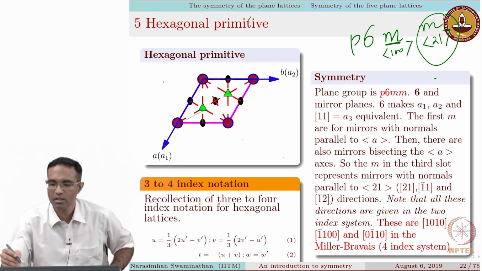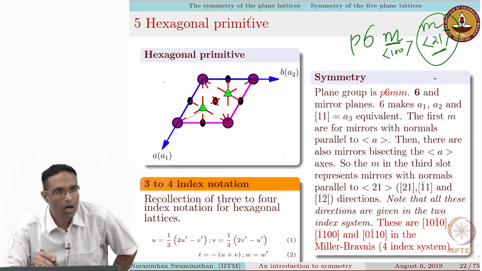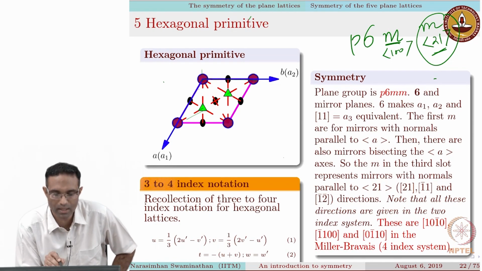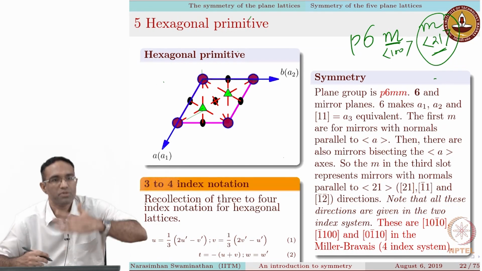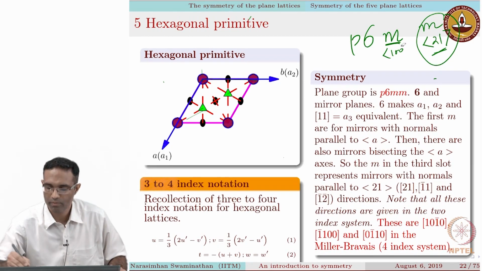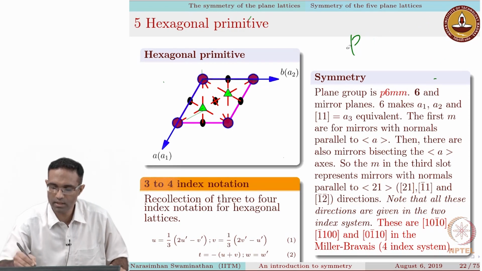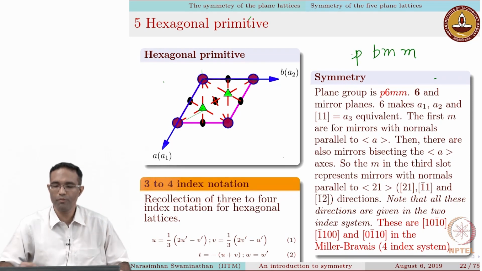The next set of mirrors, which is referring to the third slot in the Hermann Mauguin symbols, are the ones which have the bisectors of these equivalent axes as the normals. So basically the A, B and C lines themselves are the mirrors. That is what this refers to. For the hexagonal primitive, this point group will be 6mm and the corresponding space group will be P6mm, indicating the presence of a translation.